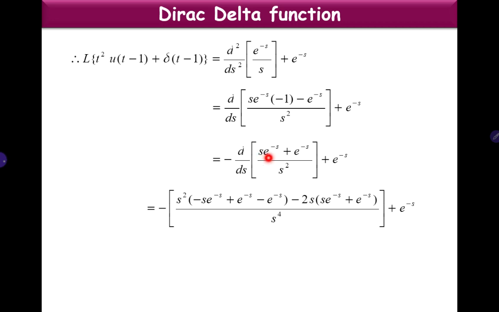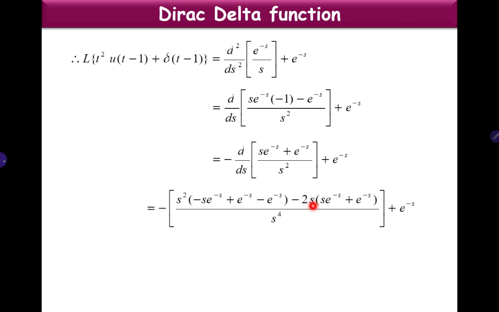Here we have applied the derivative of uv formula. Derivative of uv is u into derivative of v plus v into derivative of u, plus derivative of e power minus s, which is e power minus s into minus 1, minus u into v dash. This is u, v is s square, so its derivative is 2s, divided by v square, which is s power 4.